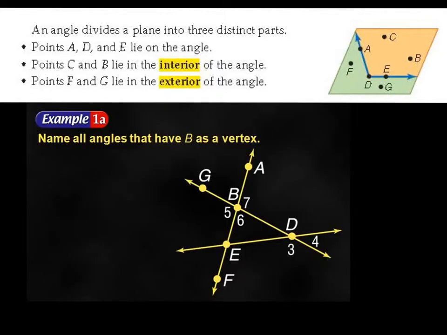Name all the angles that have B as their vertex. Okay, so there's the vertex B. I'm going to use the numbers they gave me, so angle 5, angle 6, and angle 7 all have vertex B, and then they didn't label this one, so I'm going to call that angle ABG. We could have also done angle GBA, but we can't just call it angle B because there are four angles with that same vertex.